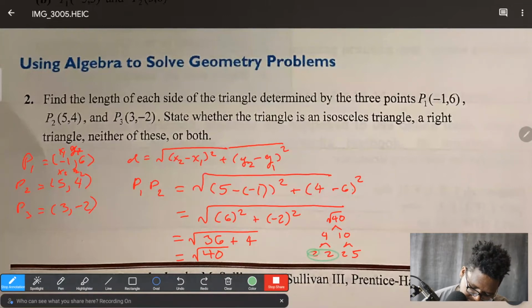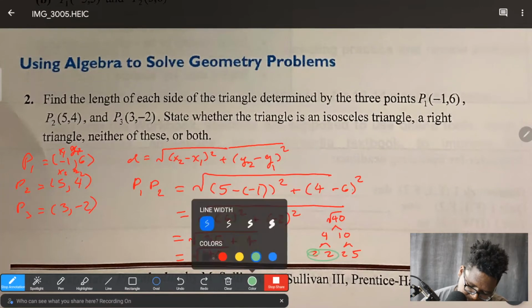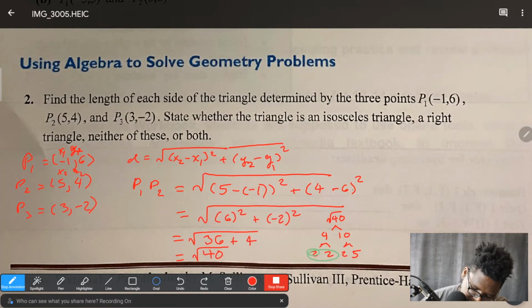The 2 become 1, bring them out of the radical, and that gives you 2, and then root 2 times 5. Because these didn't have a pair, they are left inside the radical. So you have 2 root 10. So that's your first one. All right, so we can say that the distance between P1 and P2 is 2 root 10.